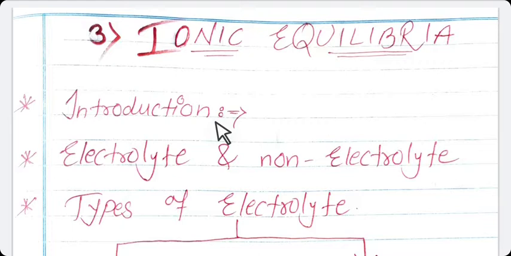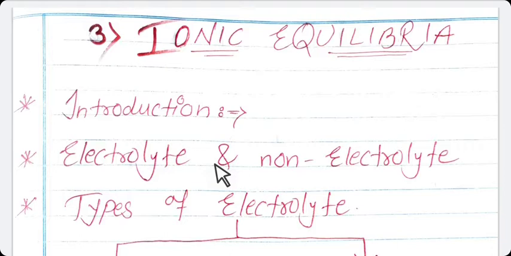In ionic equilibrium, we are going to study first electrolytes and non-electrolytes. The substances which give rise to ions when dissolved in water are called electrolytes. Means any substance that creates ions when you dissolve it in water is called an electrolyte.